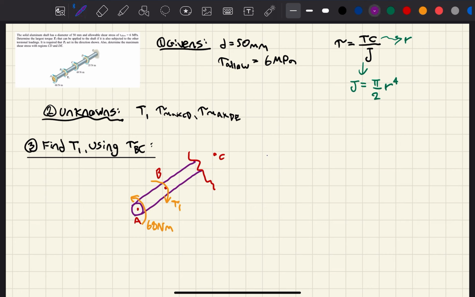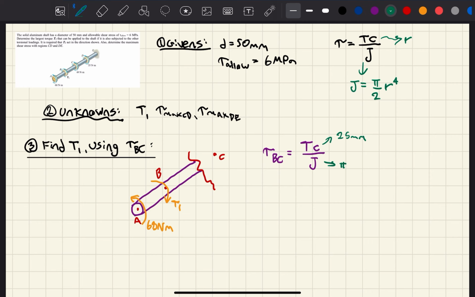The shear stress tau between points BC is equal to the torque that acts at my cut, or at my section, multiplied by C, divided by J, the polar moment of inertia. We said C is, in this case, 25 millimeters.